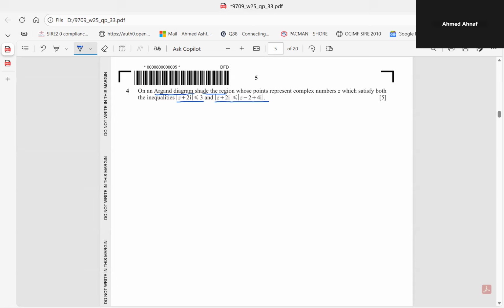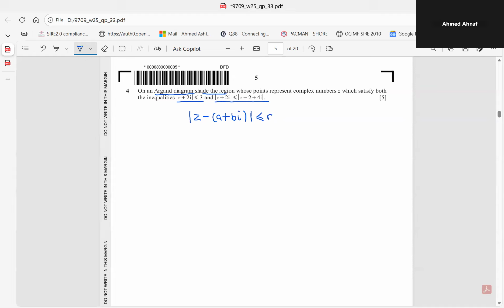Okay, so for the first inequality, we have a whole number on the right-hand side, and on the left-hand side, we have our modulus of z plus whatever complex number. So if you get an inequality of the form modulus of z minus (a plus bi) less than or equal to r, then this would represent a circle with the center (a, b) and radius r.